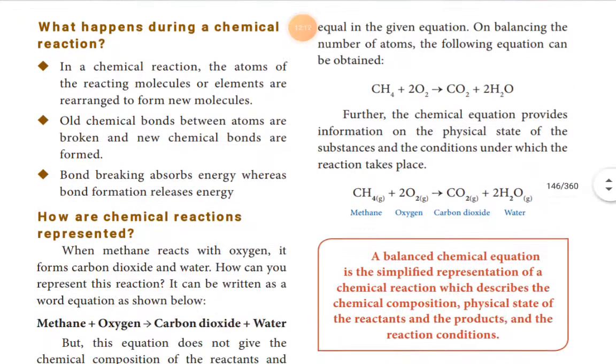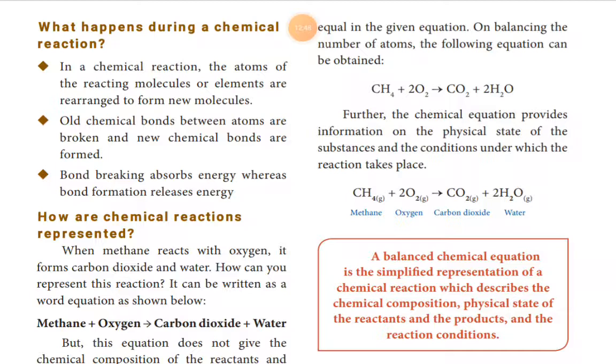Then, old chemical bonds are broken, new chemical bonds are formed. So, more or less both are similar to one another. In the first case, atoms are rearranged to form a new molecule. How are these atoms rearranged? Because of the breaking of old bonds and forming of new chemical bonds. Then, this process of bond breaking needs energy.